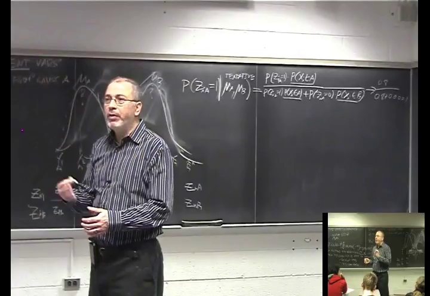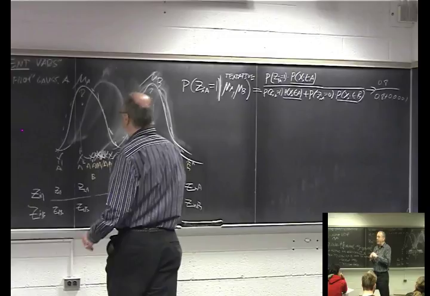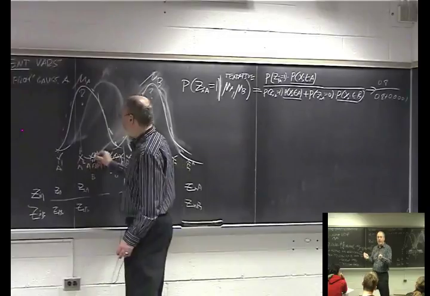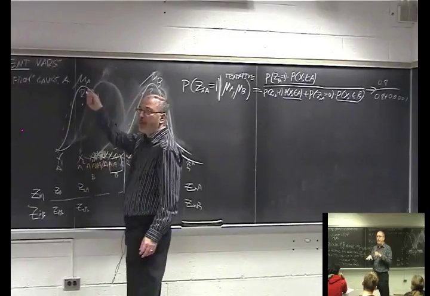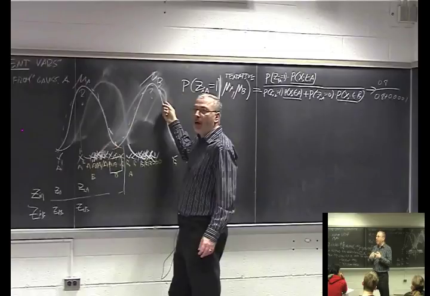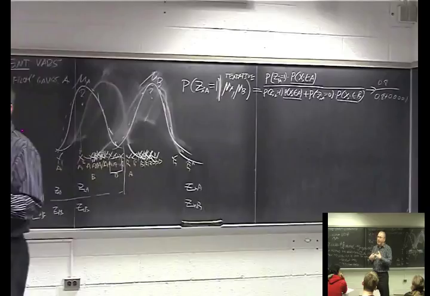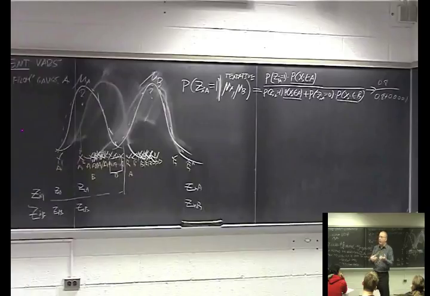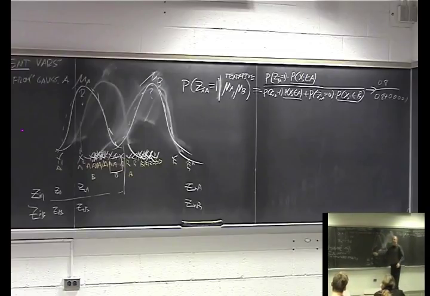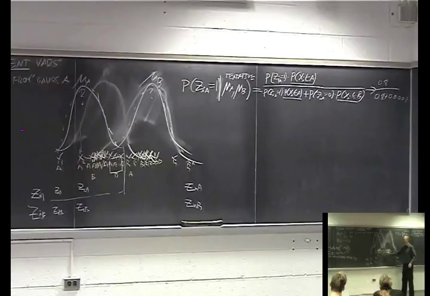Except instead of having to insist that every data point is assigned fully to A or to B, we allow ourselves to differentially take each data point and break it into two parts, not necessarily equal. Some of the data point, a fraction of it goes to A, a fraction goes to B. Those data points that are on this side, most of them will go to A. Those that are here, most of them will go to B, and those that are here will go partly to A, partly to B.